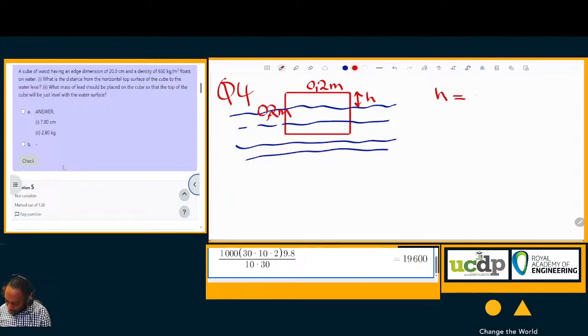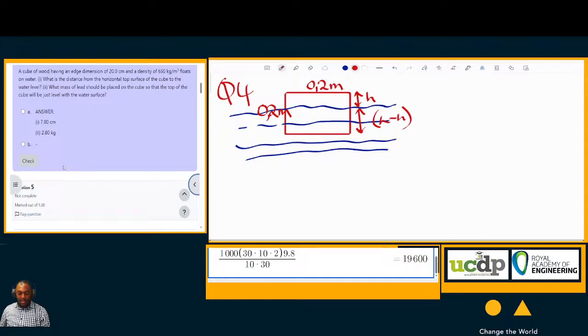Okay, that unknown distance, it's fine, we'll leave it as h, and here we would have L minus h. The total length minus h would give us the remainder.